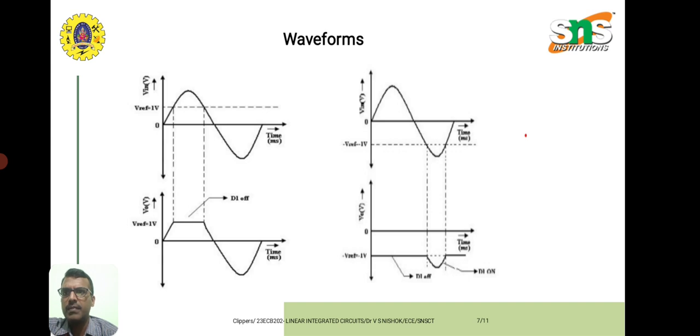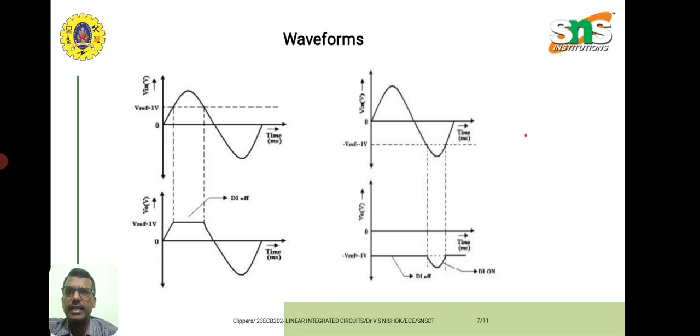But when Vi moves above the V reference value, that is plus 1 volt, D1 will be in the off condition, so there won't be any output. We can see that in the left side bottom diagram, which is the output waveform of the given Vi.